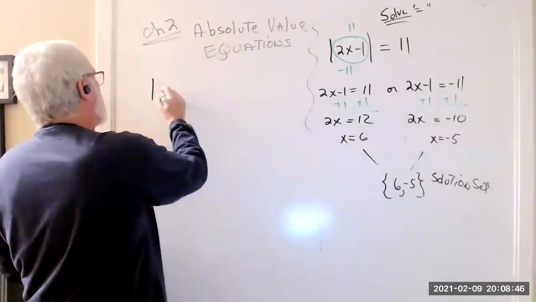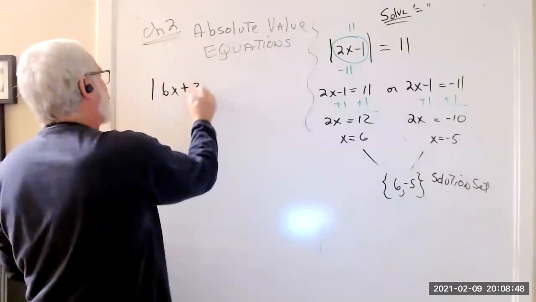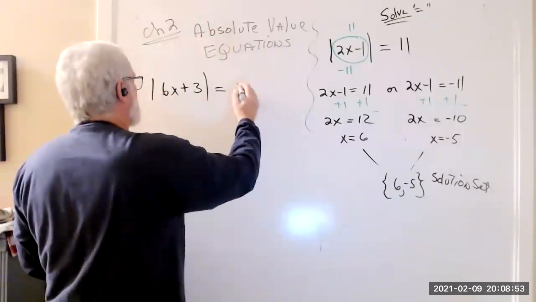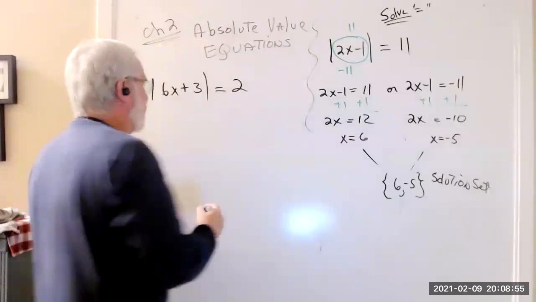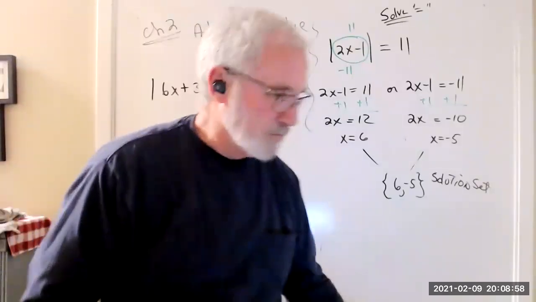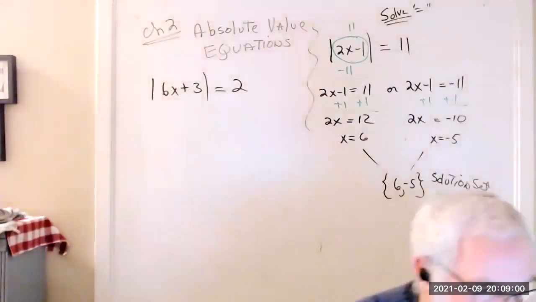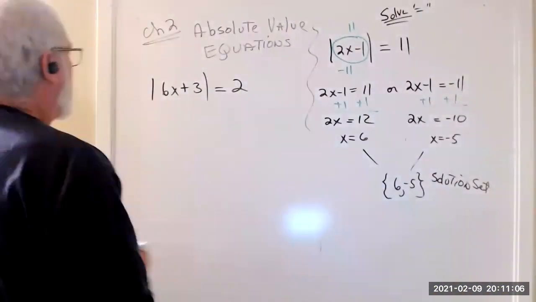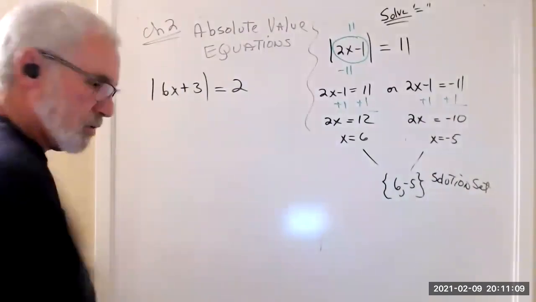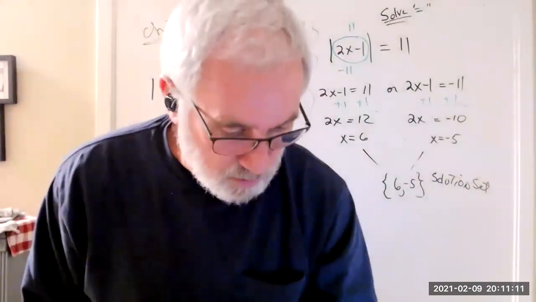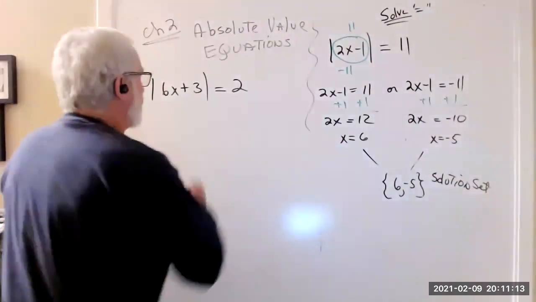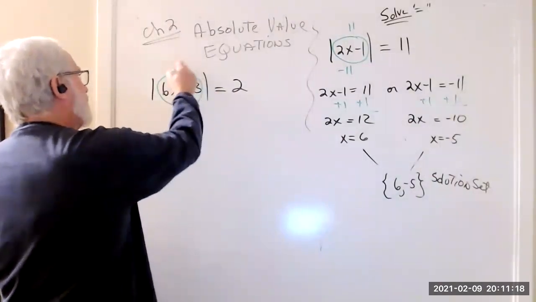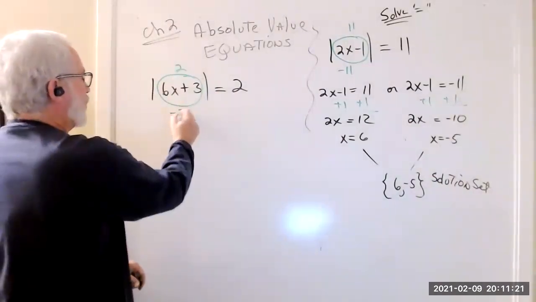Absolute value of 6x plus 3 equals 2. I'm going to pause this. Okay, so again, using similar logic, the answer is 2, which means this quantity could have been worth 2, but it also could have been worth -2.